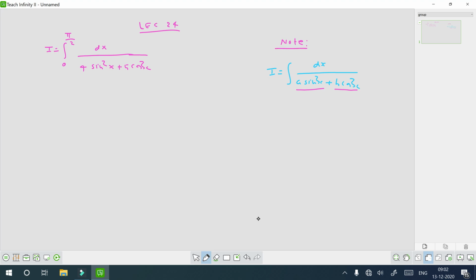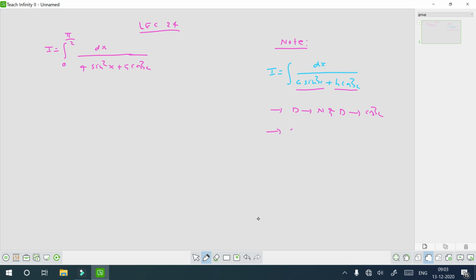Here it is also a revision of indefinite integration. First step, divide numerator and denominator quantity by cos square x.